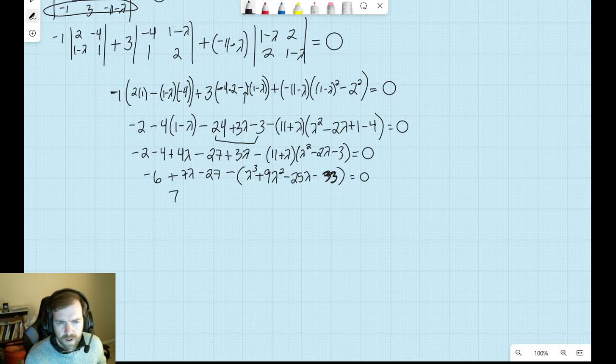Okay, recombine. 7 lambda minus 33, minus lambda cubed minus 9 lambda squared plus 25 lambda plus 33.